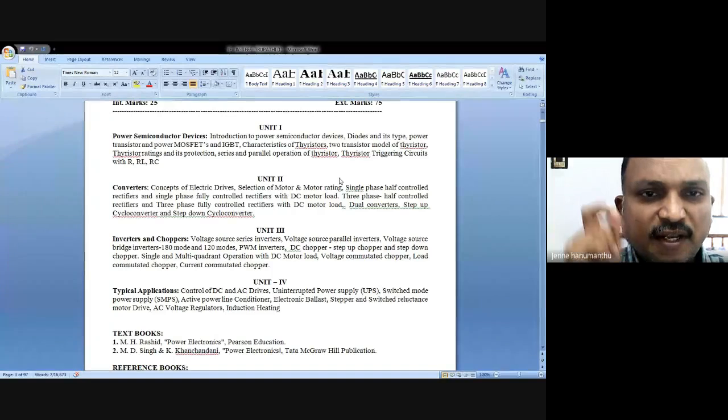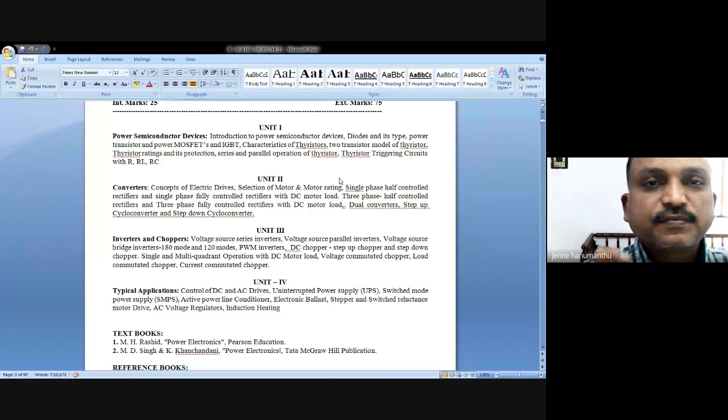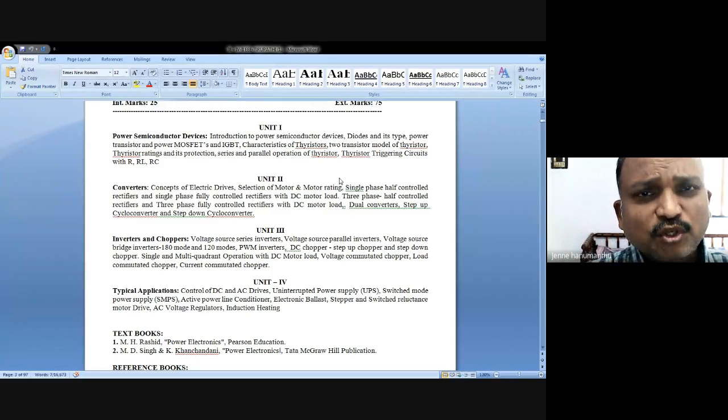If you want a current connection between anode and cathode, we should have a path. So what should be the path? There are junctions, isn't it? Junctions J1, J2, J3.